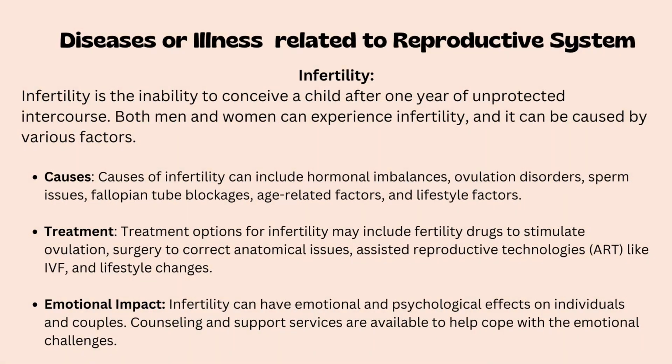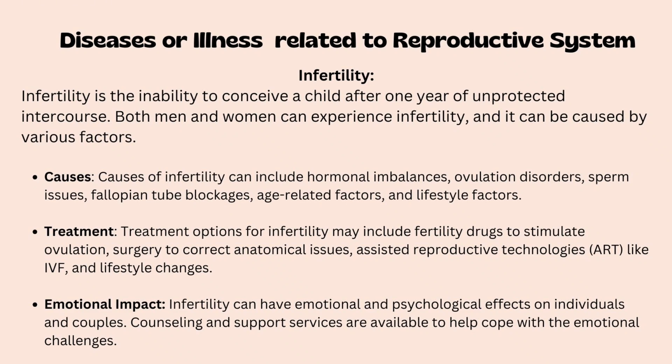Next is infertility. Infertility is the inability to conceive a child after 1 year of unprotected intercourse. Both men and women can experience infertility, and it can be caused by various factors.